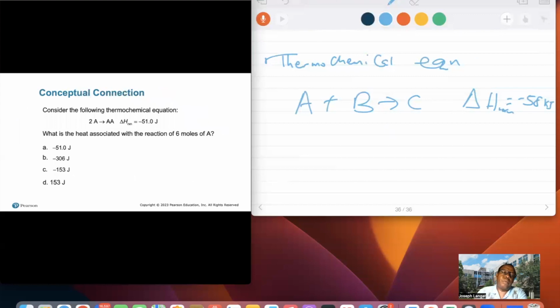Let's see, from the understanding of the extensive property of enthalpy of reaction, what is the heat associated with the reaction of 6 moles of A? This is pretty straightforward.